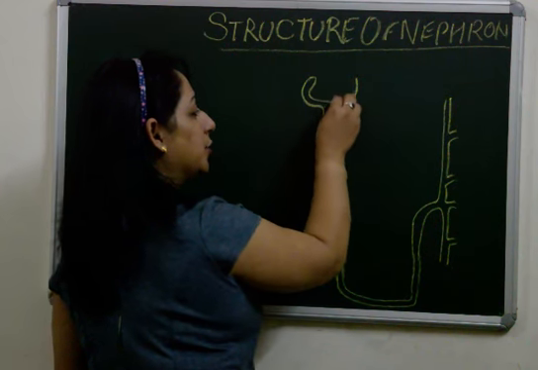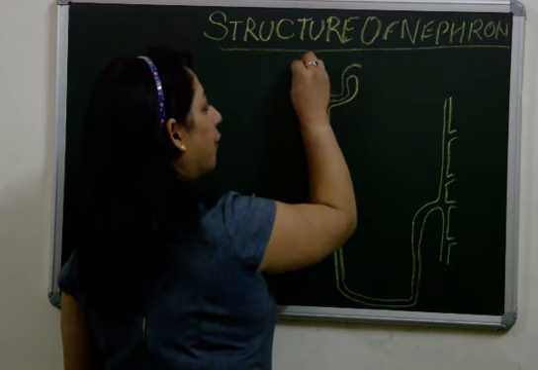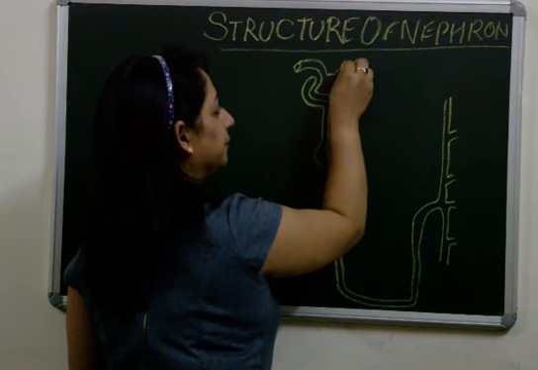In this cup-shaped structure, we have a network of capillaries.